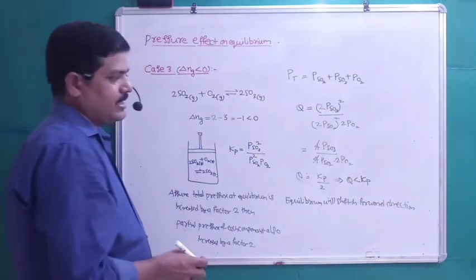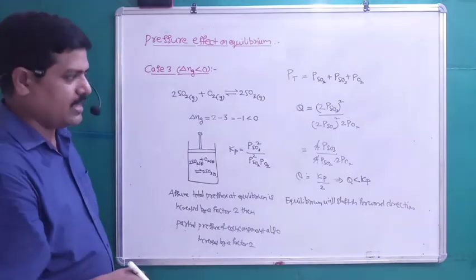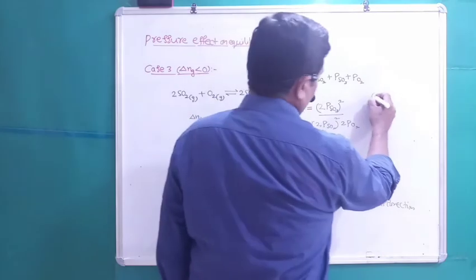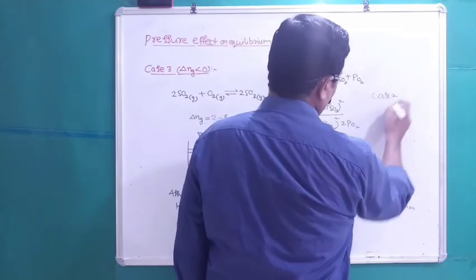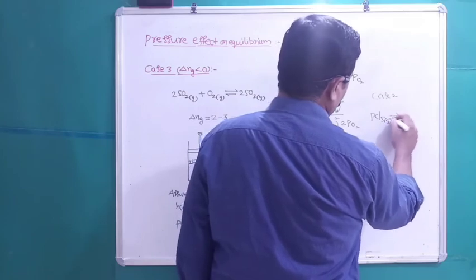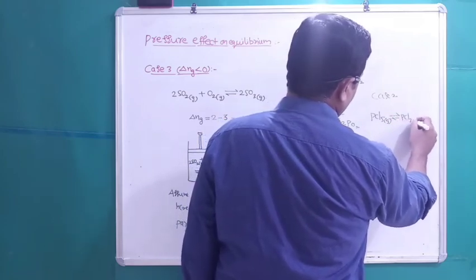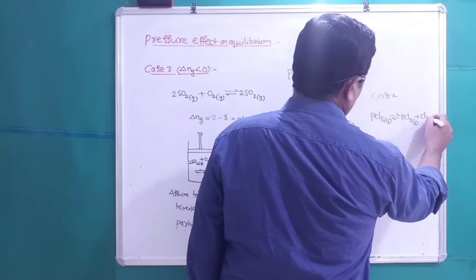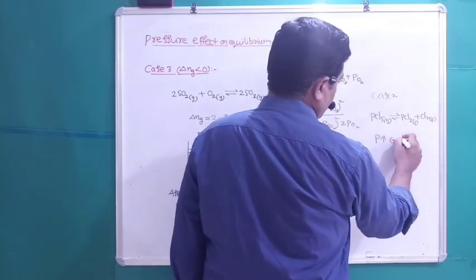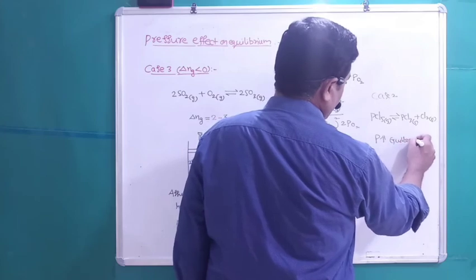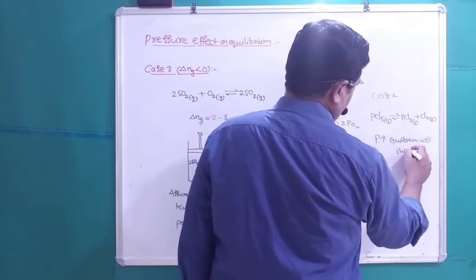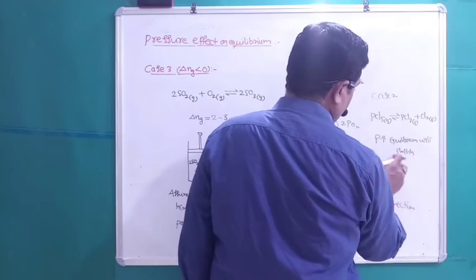The pressure effect on equilibrium can be summarized based on the two cases. Earlier we did case 2: PCl5 gas gives rise to PCl3 gas plus Cl2 gas. When the pressure is increased, equilibrium shifts in the backward direction.